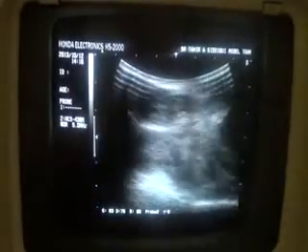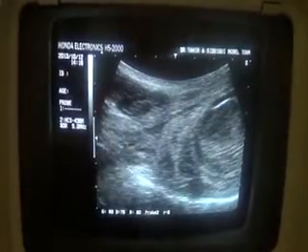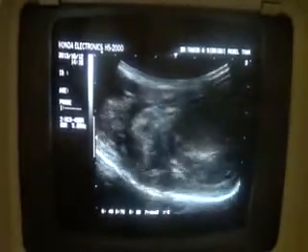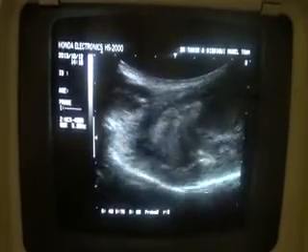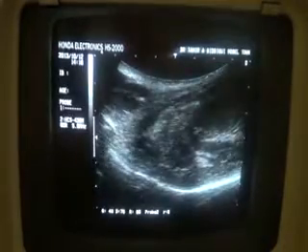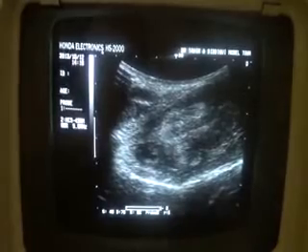Again, see the epididymis. The epididymis is enlarged and shows a few internal scattered hypoechoic areas.